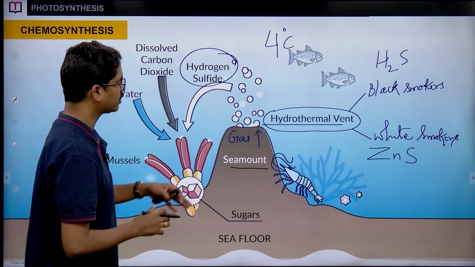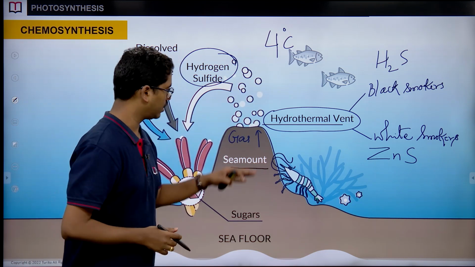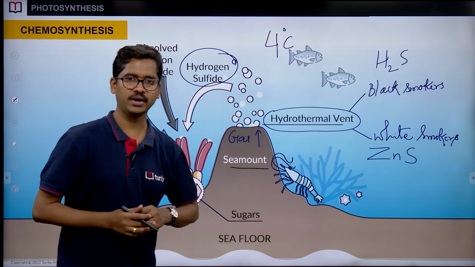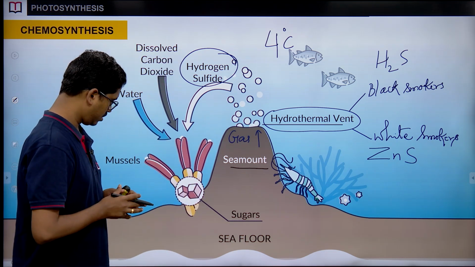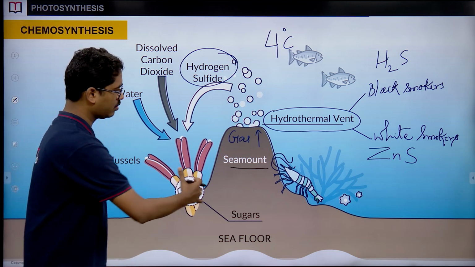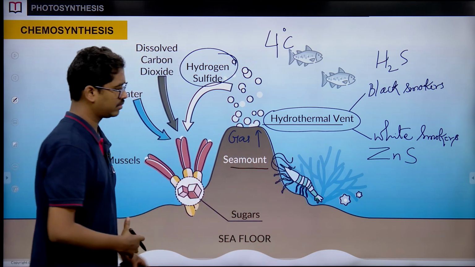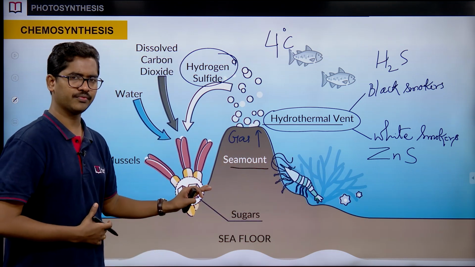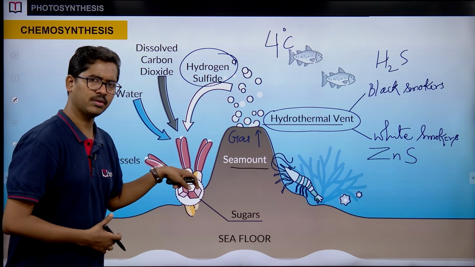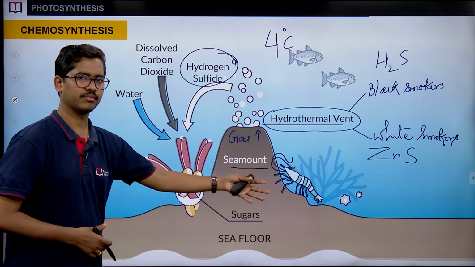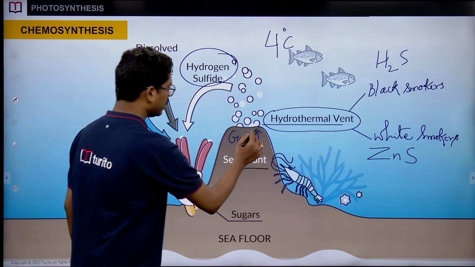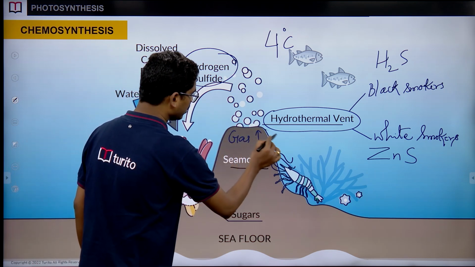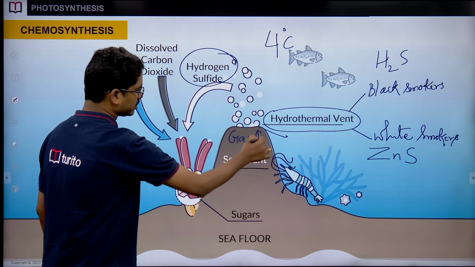So, you understood the temperature at the sea floor and the hydrothermal vent. Now, there are various organisms living around this area. Even though it is the sea floor, so many organisms live in this region.